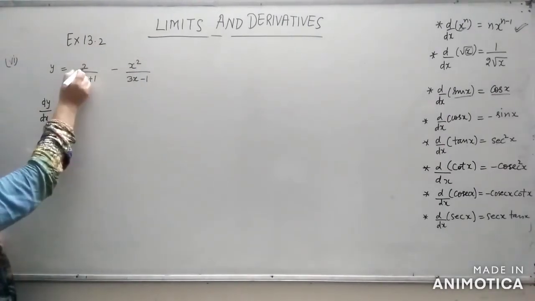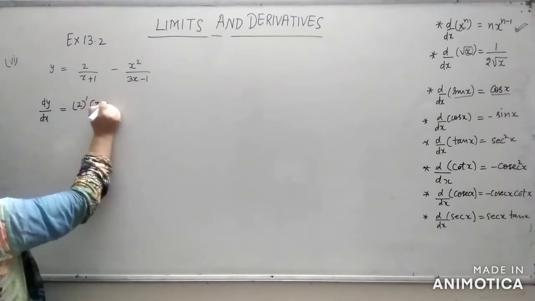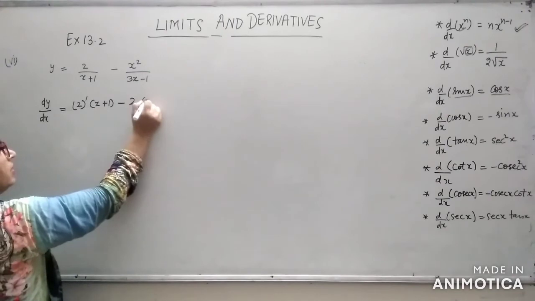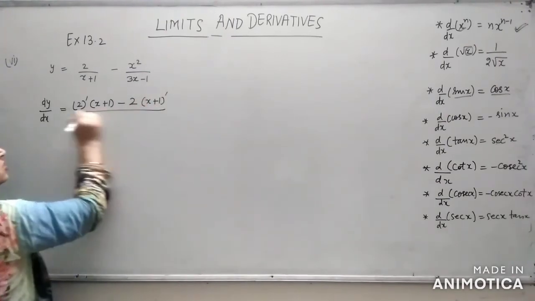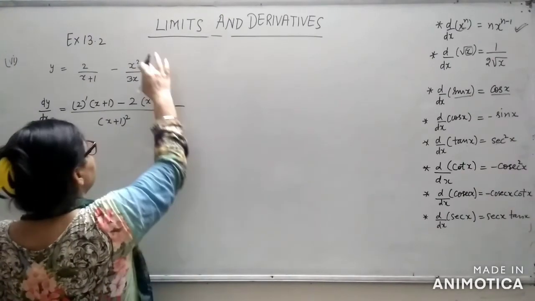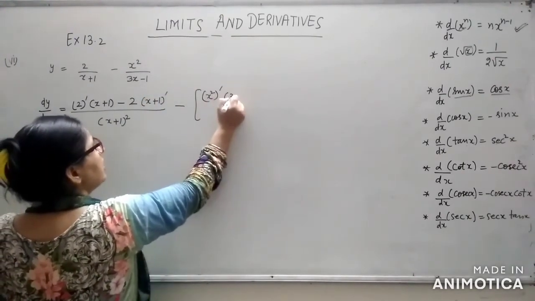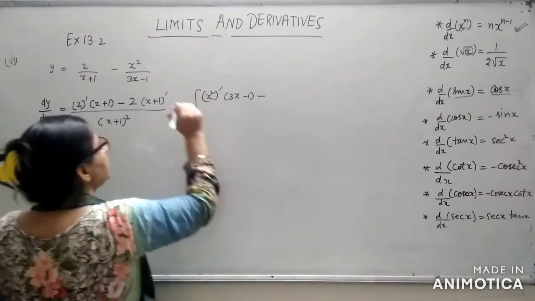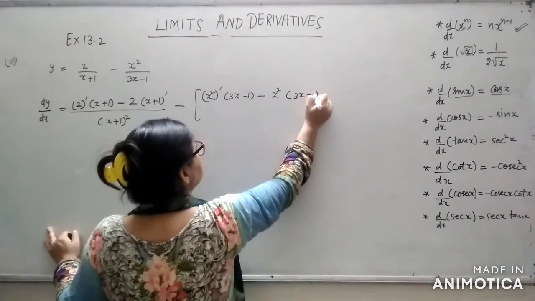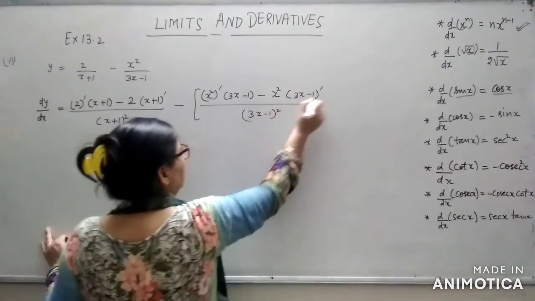So in this part, because it is a constant, derivative of 2, whatever is the numerator, denominator as it is, minus numerator as it is, derivative of the denominator, and then square of the denominator, minus, now we will take the derivative of this, means the derivative of x square, denominator as it is, minus numerator as it is, derivative of the denominator, upon square of the denominator.